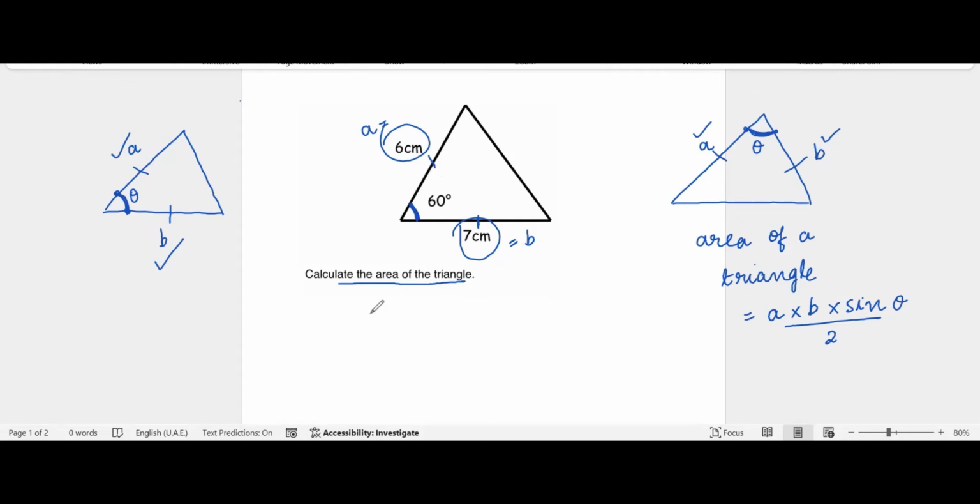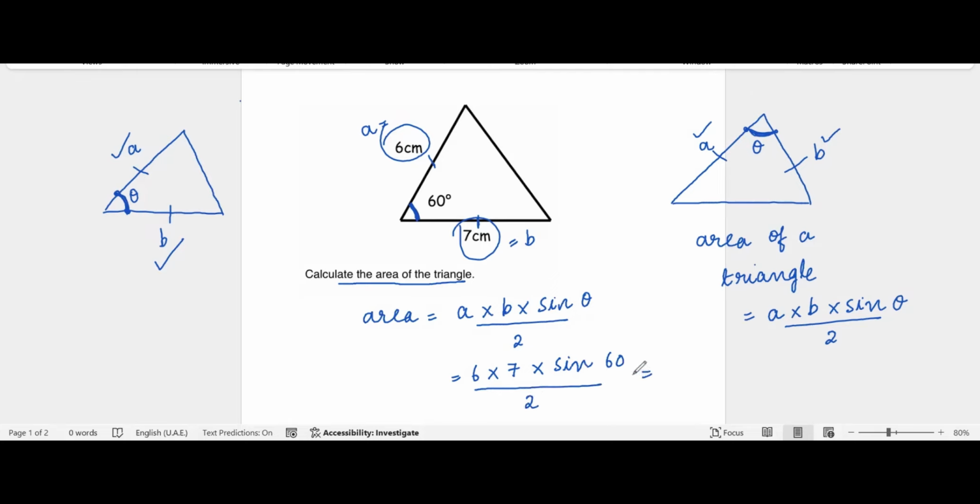Area is equal to A times B times sine theta divided by 2. So A is 6, B is 7, times sine theta, which is 60 in this case. So sine 60 divided by 2.